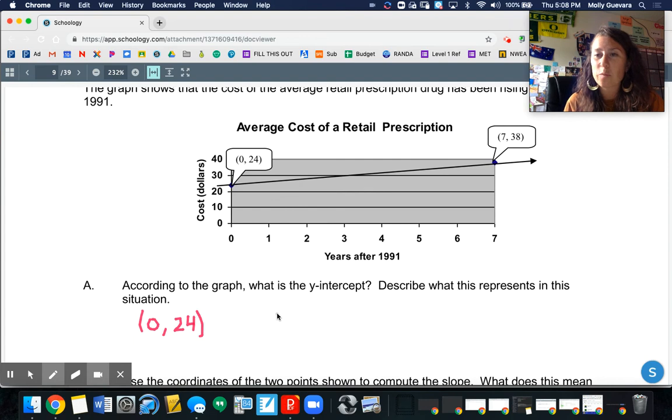Because this is a word problem, you're going to want to actually write out a sentence answer. And I'll try to do this.